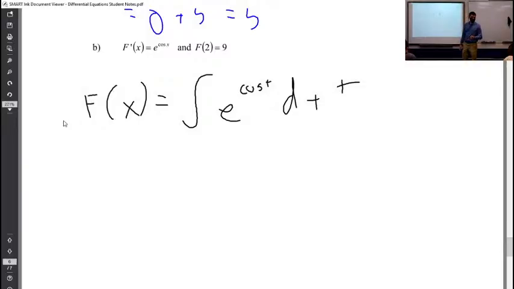First off, the upper bound we want to be x. And we want to control what happens when x is 2. And so we're going to put a 2 down here so that this will all be 0 when x is 2. And then to make f of x equal 9, well, we just controlled that this was 0 plus 9. And there's our answer. Right? Questions on that?